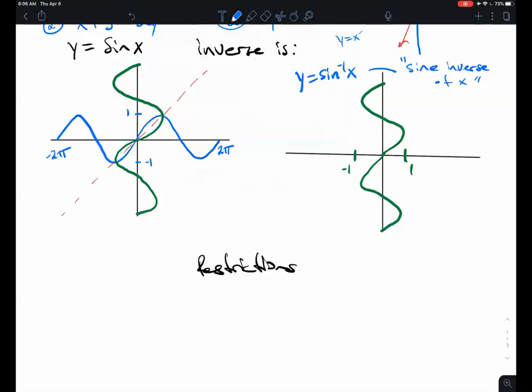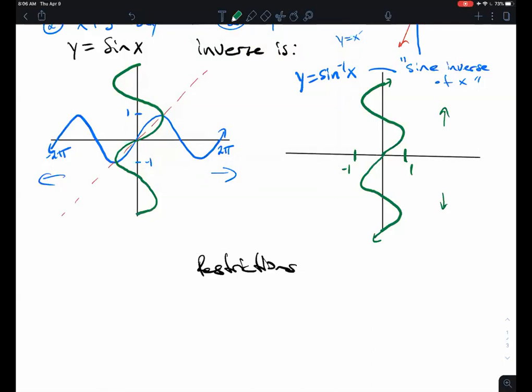So the other piece of this is that the domain of the original function is infinite, right? It goes on forever left and right in terms of the original function. Similarly, my inverse goes up and down. Currently, as it's written, it does that forever.